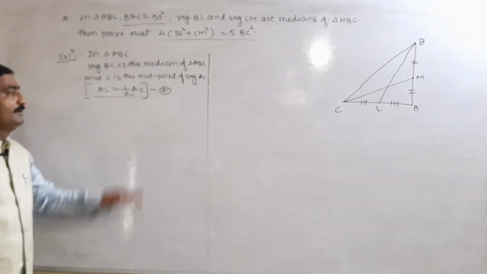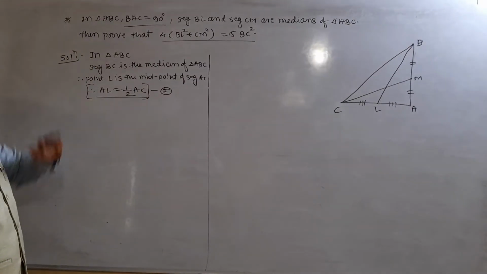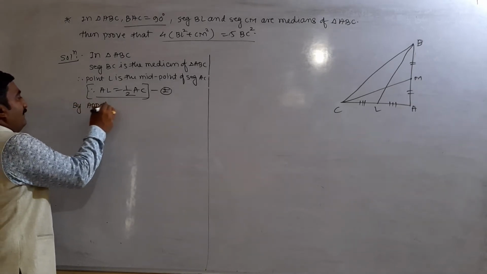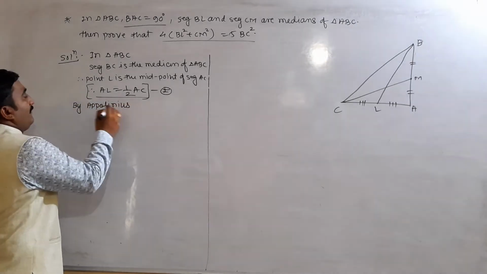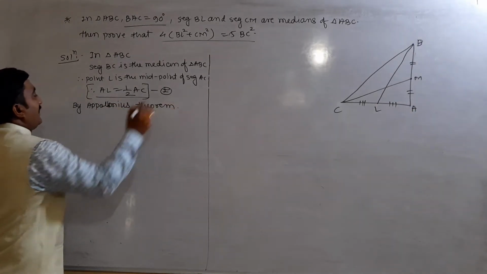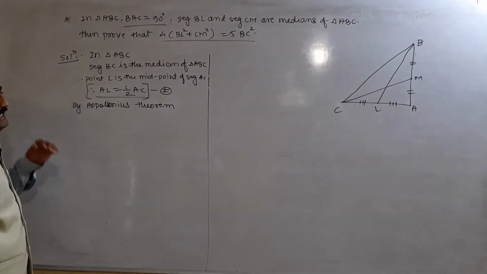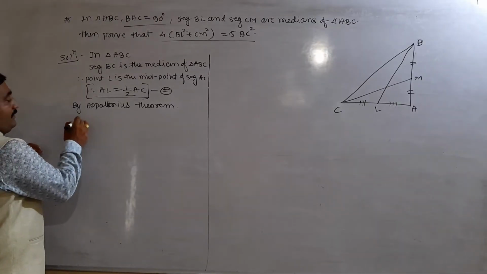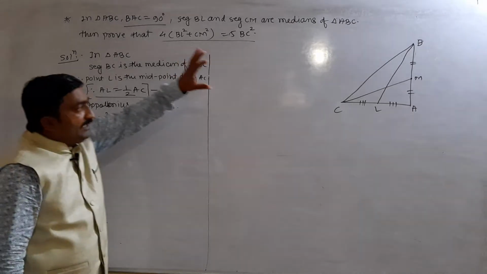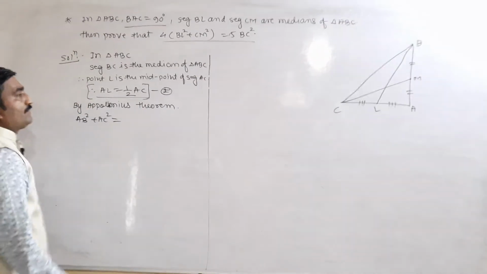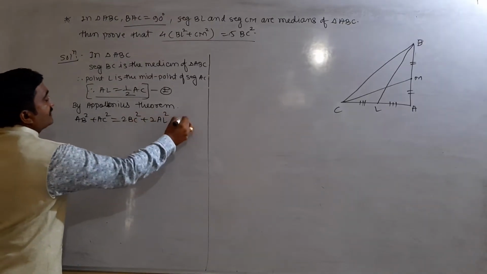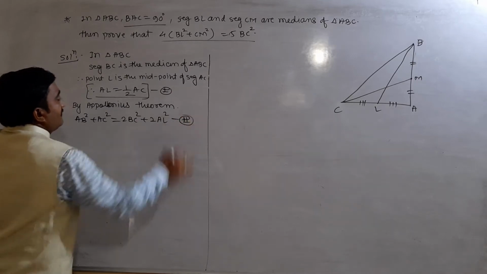Then we know that when in a triangle there is a median, we use Apollonius theorem. So by Apollonius theorem, we can write here AB square plus BC square is equal to 2BL square plus 2AL square. This is equation second.